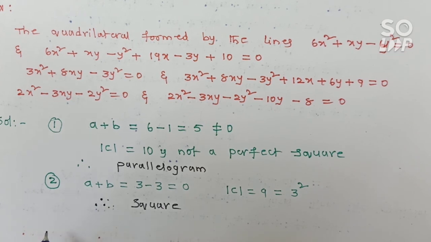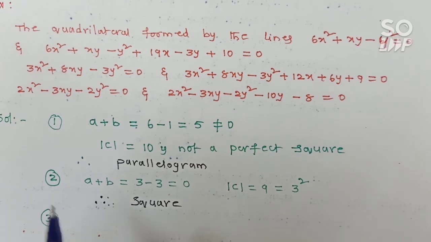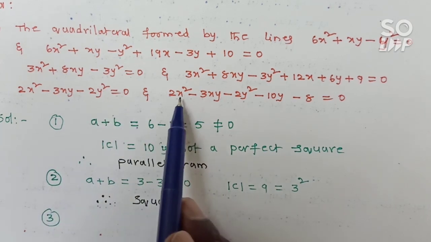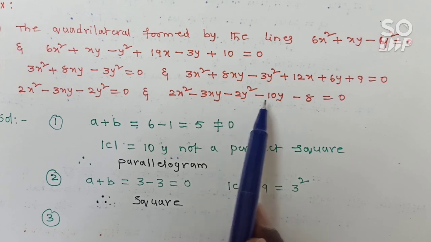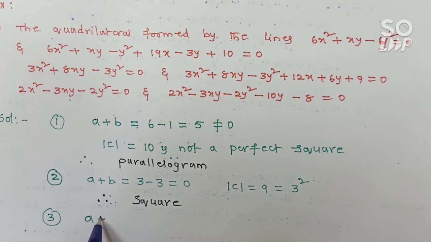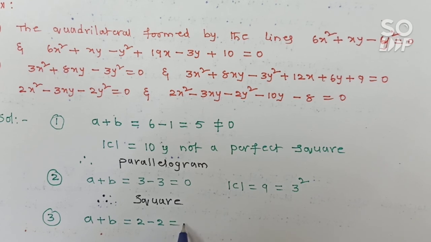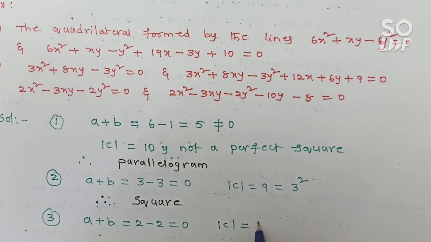Now the third question. The homogeneous part is 2x square minus 3xy minus 2y square, and the non-homogeneous is 2x square minus 3xy minus 2y square minus 10y minus 8. Here a plus b is 2 minus 2, that is 0. And modulus of c is 8, which is not a perfect square.